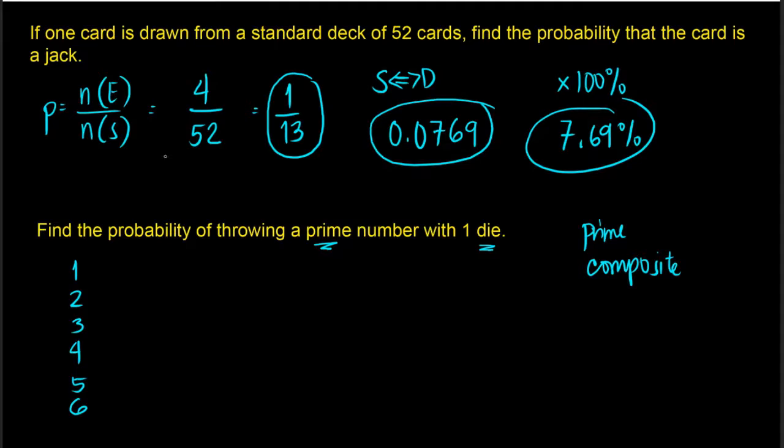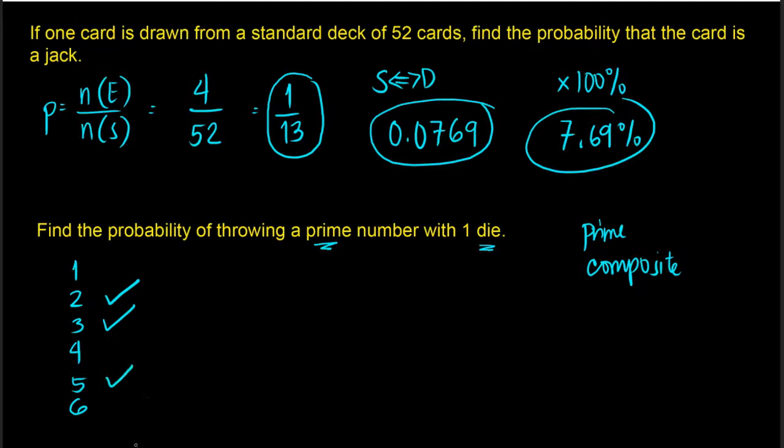In this case, 1 is not a prime number. I searched, look it up. 2 is a prime number. 3 is a prime number. 4 isn't because 4 is a multiple of 2. And 5 is also a prime number.